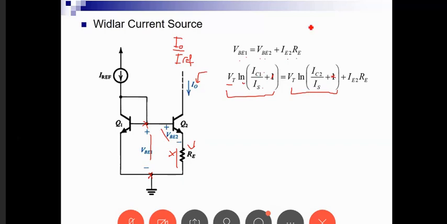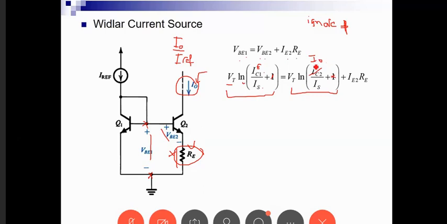What is IC1? If I ignore beta, okay, and assume IC equals IE, I can consider that this is approximately IE for the time being. So if I ignore beta, the same current that is flowing here is also flowing where? In the collector. So I can consider IC2 is IE2, or sorry, this is IO.